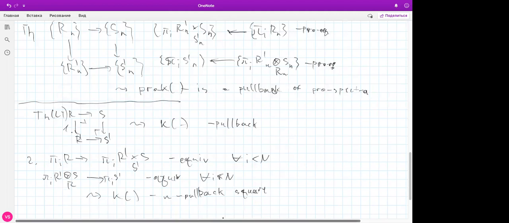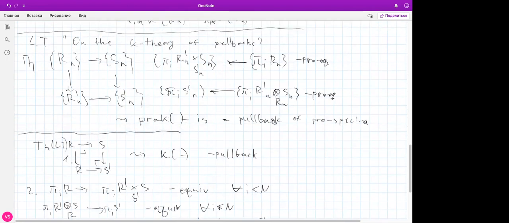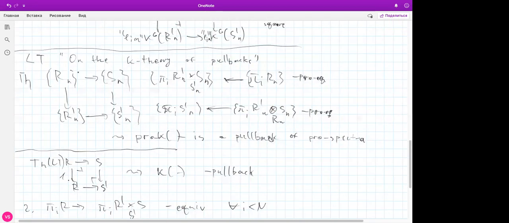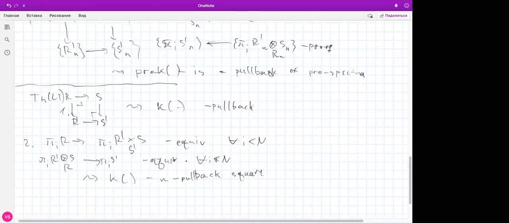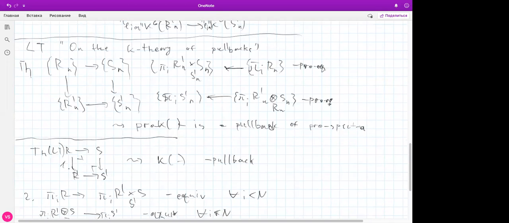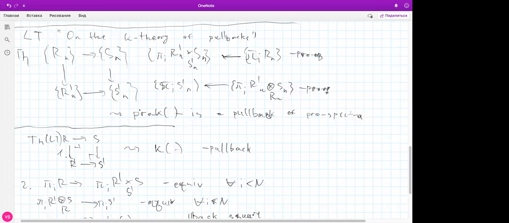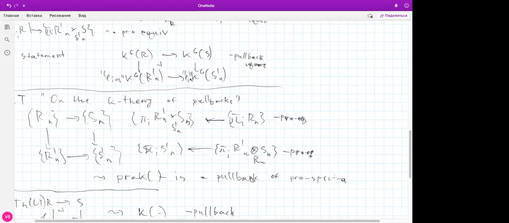But this kind of statement allows you to say that this square is equivalent to the one that's level-wise satisfying this property. And by this statement, you know that the K-theory will be equivalent to the one that's level-wise n pullback. So the pro-K-theory in the end will be a pullback square in this sense.